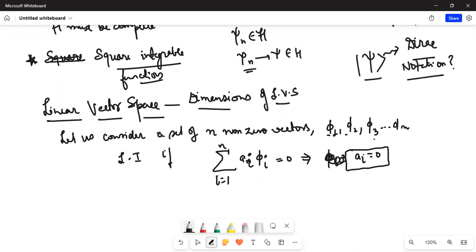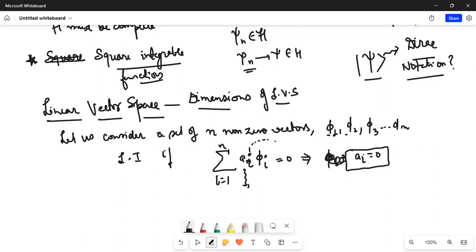And if this is not the case, and the solution is such that not all of these coefficients are trivially 0, then we say that our system of all these n vectors, phi1, phi2, phi3, up to phi n, is linearly dependent. Because if it so happens that the sum is equal to 0 and not all of the ai's are equal to 0, then what will happen?